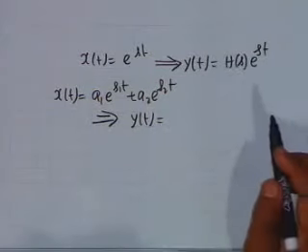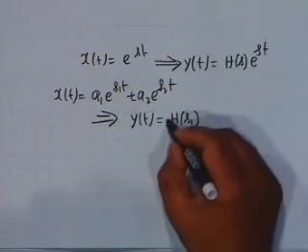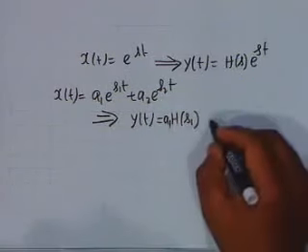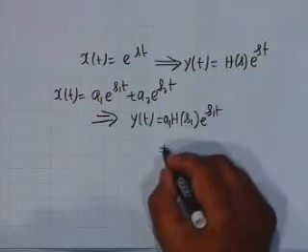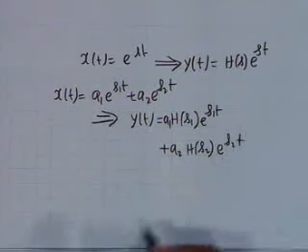Now this constant shall vary. That is, instead of h of s, we shall have a1 h of s1 e to the s1t plus a2 h of s2 e to the s2t.